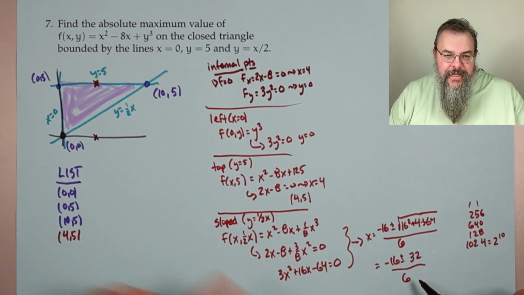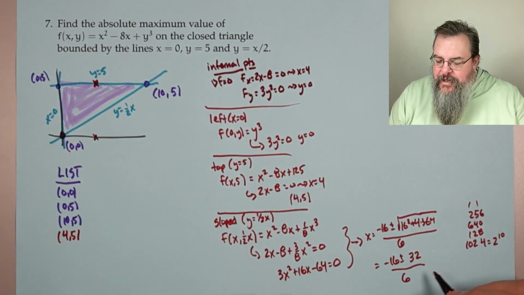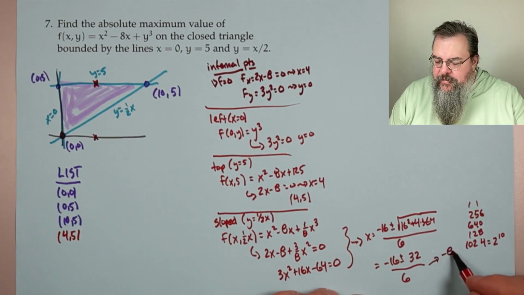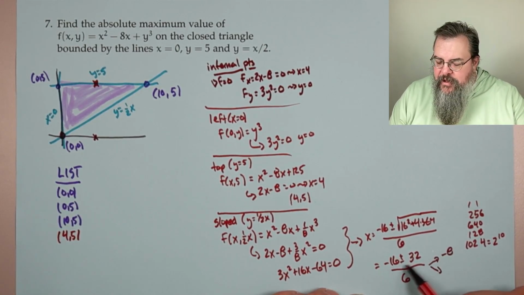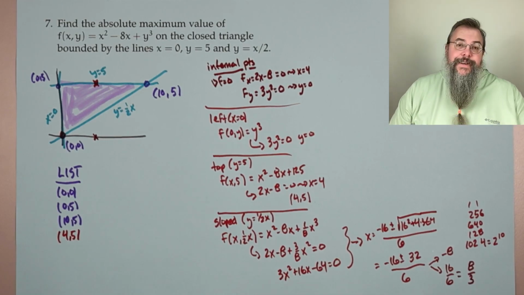Over 6 is negative 8. That's way out. Forget it. But if you take negative 16 plus 32, that is positive 16, divide by 6, which would give you 8 divided by 3.